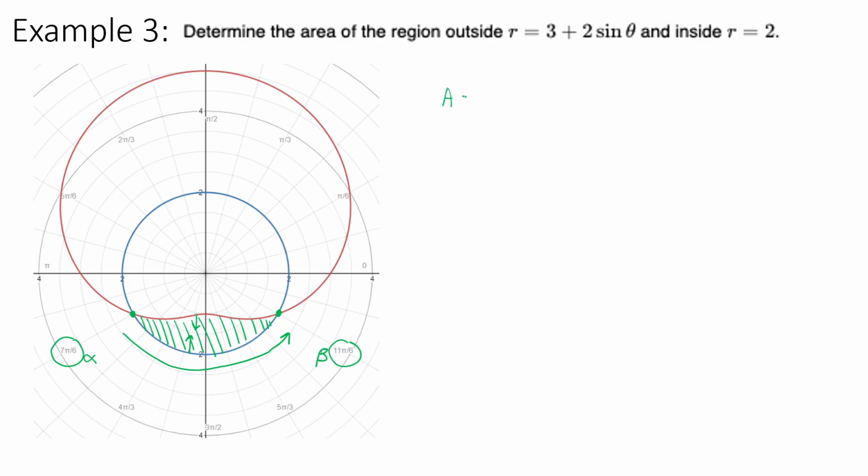So again, given the formula, alpha to beta, then we're going to have 1/2 r outer squared minus r inner squared d theta. So this time our outer graph is the circle, right? And then the inner graph is the red graph, which is 3 plus 2 sine theta.